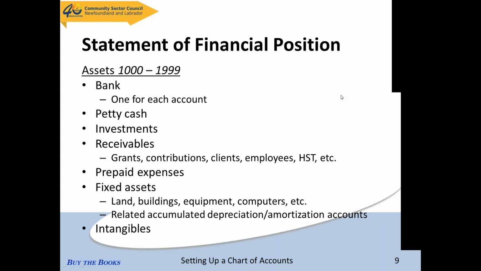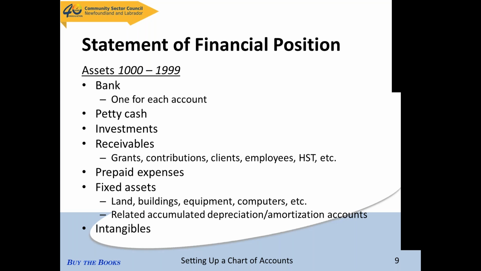So your statement of financial position, of course, includes first your assets. And basically, you will have a separate account for each and every asset that you have. So if you have one bank account, your account number may just be 1000, your account number in your GL, not your bank account number with the bank, of course.